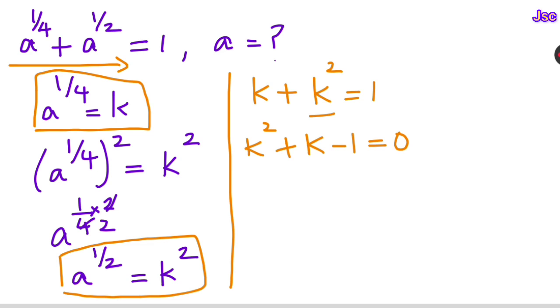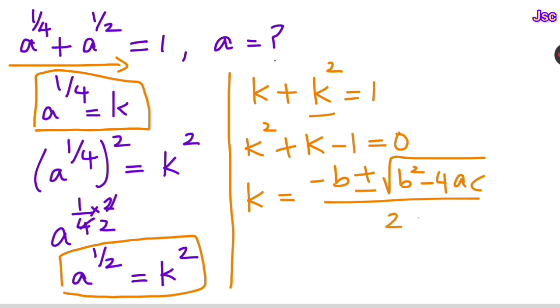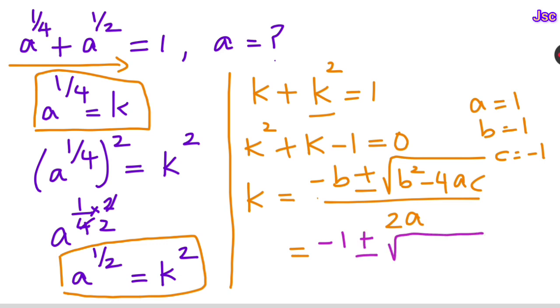So what's the formula to find the k value? It's minus b plus or minus square root of b square minus 4ac over 2a, isn't it? So let's substitute the values. Here the a value is 1, b value is 1 and c value is minus 1. Minus of b value is minus 1, plus or minus square root of b square, that means 1 square which is 1 only, minus 4 times a is 1 and c is minus 1.